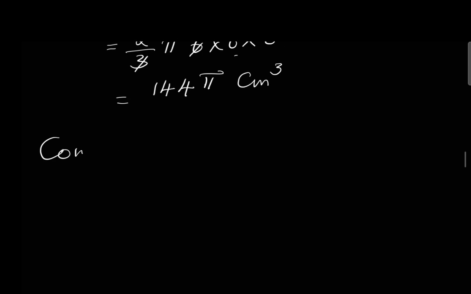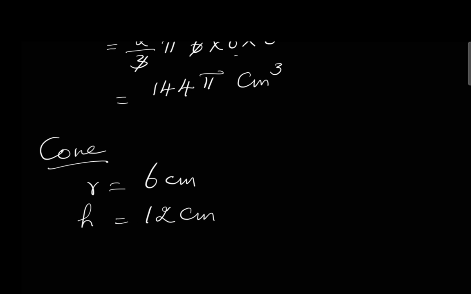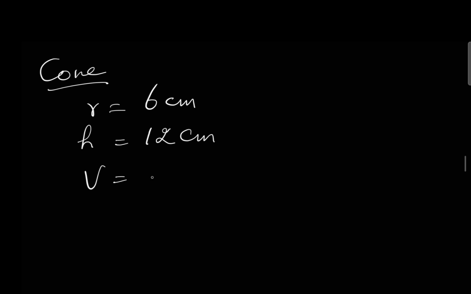Next take the cone. Cone radius is 6 centimeter and height is given as 12 centimeter. The volume is 1 by 3 pi r squared h cubic units.